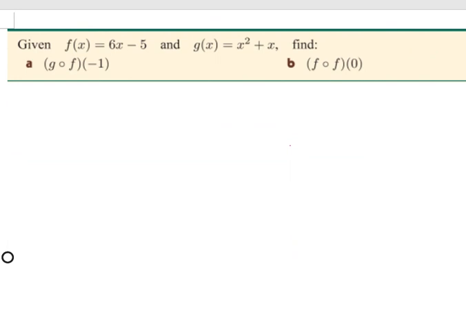where you're not just asked to find the f of g of x, like the one inside the other, but you need to find, for example, the g of f of minus 1.